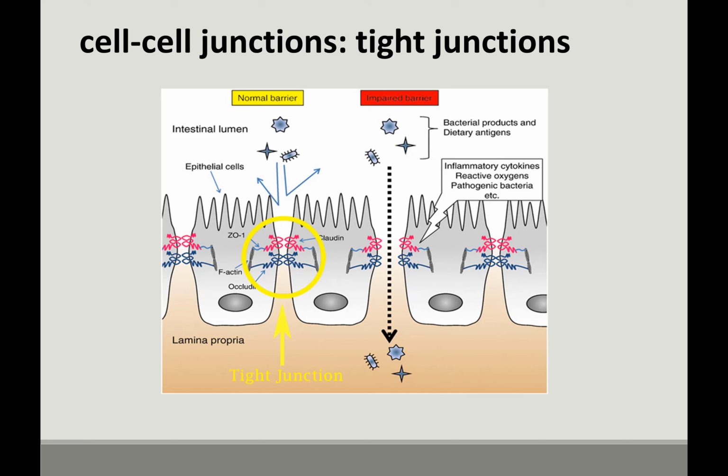What you don't want is this barrier to be broken. Okay, so you don't want to lose the integrity of your tight junctions, because things as big as bacteria and proteins and viruses, like it says dietary antigens, those things can then cross that epithelial cell layer and cause issues in the tissue down here.